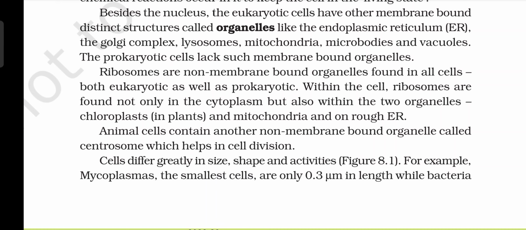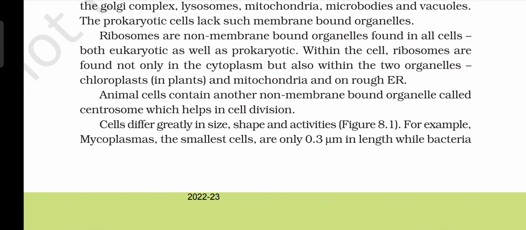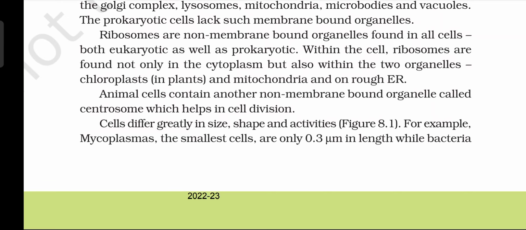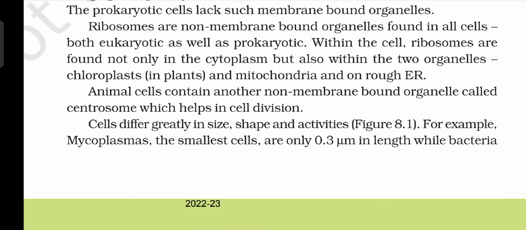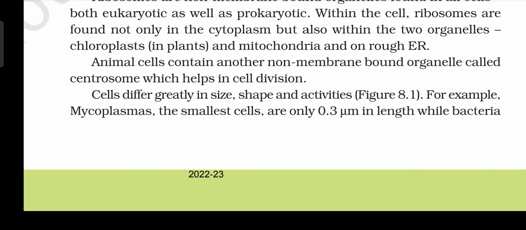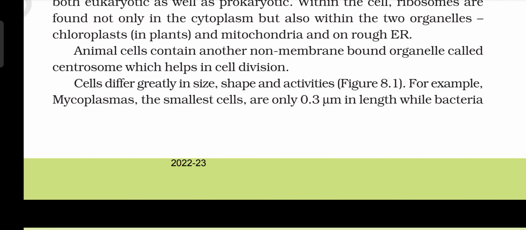Within the cell, ribosomes are found not only in the cytoplasm but also within two organelles, chloroplasts in plants and mitochondria, and on the rough endoplasmic reticulum. Animal cells contain another non-membrane-bound organelle called the centrosome, which helps in cell division.